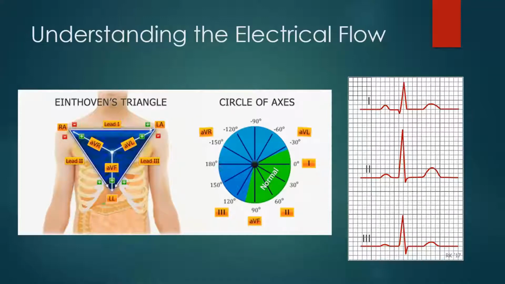When you start having injuries like MIs, and you start having injury patterns to the electrical pathways, you start seeing disruptions to that flow of electricity. You might see left axis deviation. So you might see it kind of start tipping up towards that negative 90, negative 60 area.